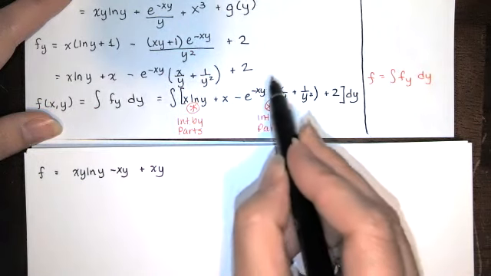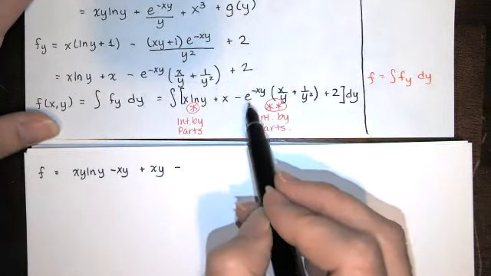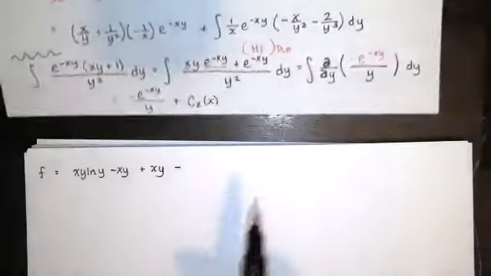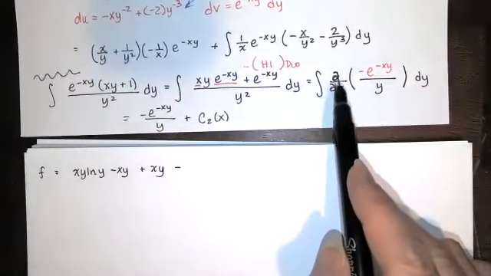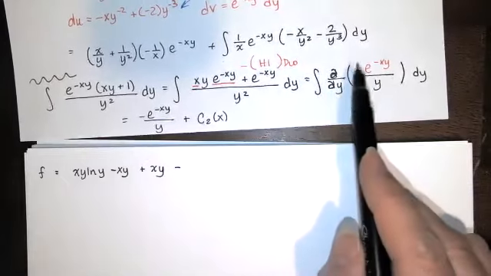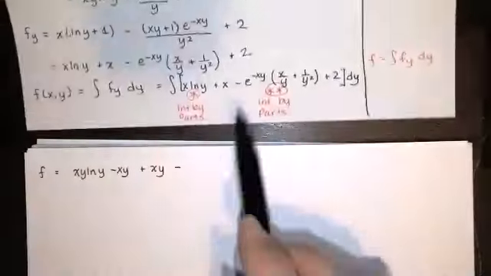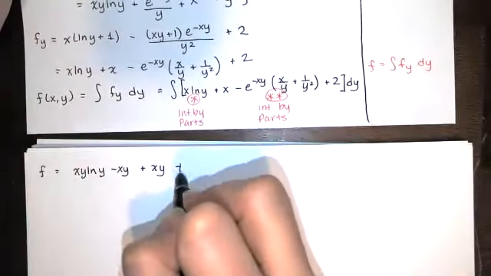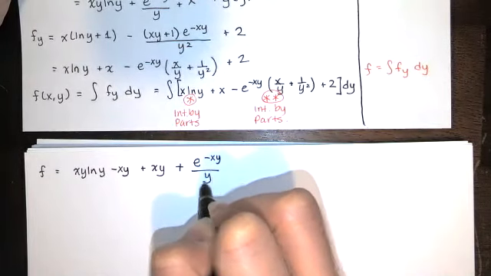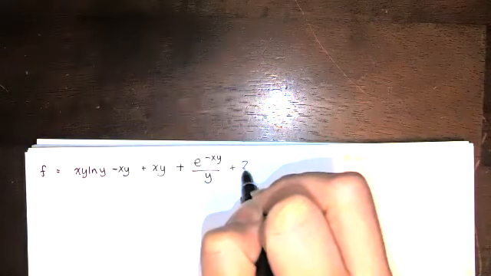And then we had minus the integral of this piece. Well, that piece was the derivative of this quotient. So the antiderivative of the derivative is that function inside, so we get that. But because we're subtracting a negative, we're going to add e to the negative xy over y there. And then the antiderivative of 2 with respect to y is just 2y.